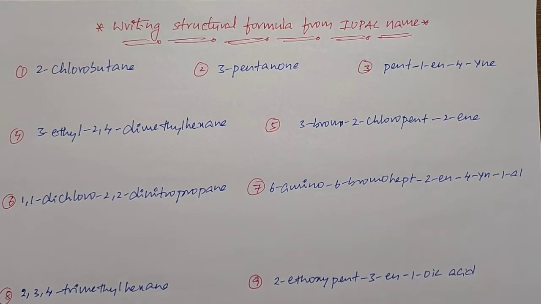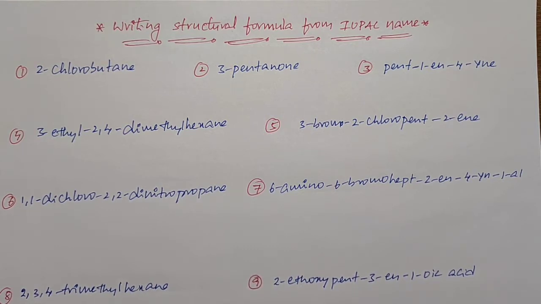The root word indicates the number of carbon atoms in the given compound. So first we write all the carbon atoms in a straight chain, if it is an alicyclic compound.